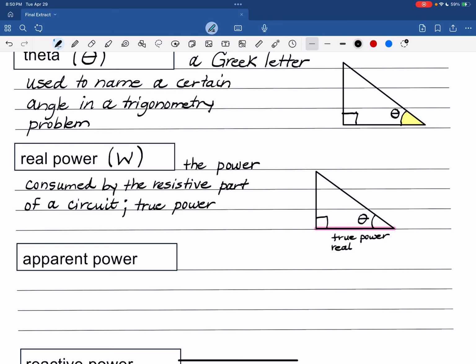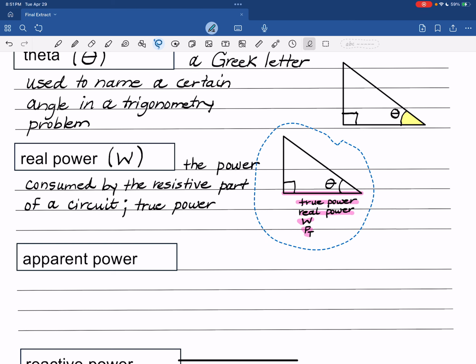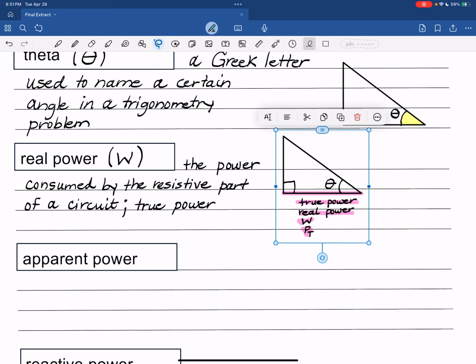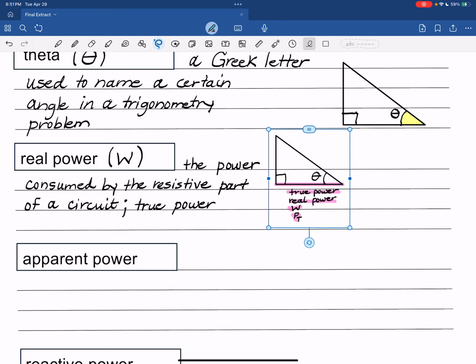It can be called W. It can also be called power subscript T. All of those are talking about the same thing.